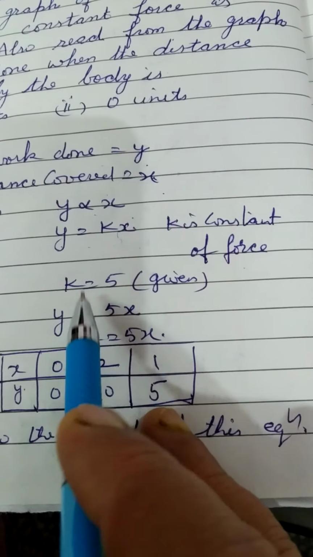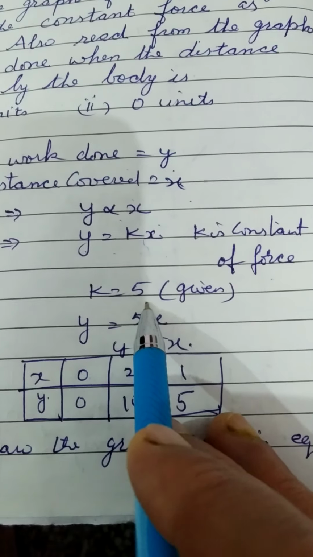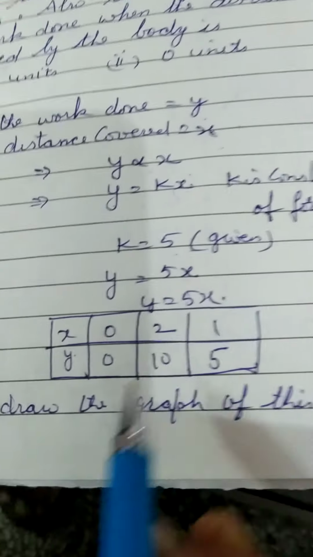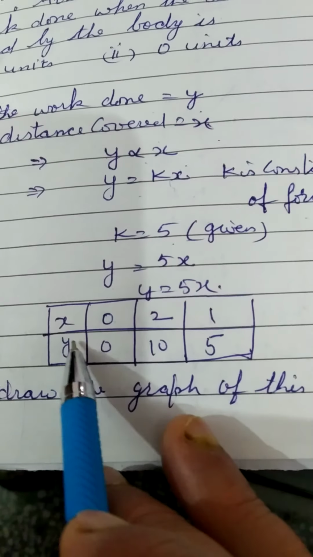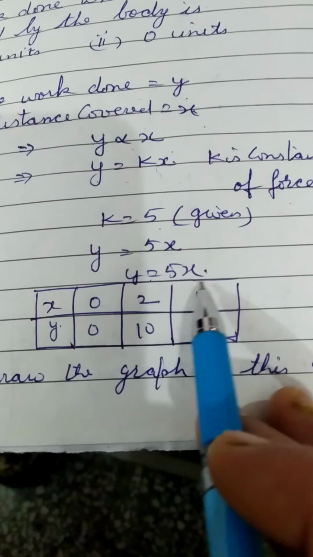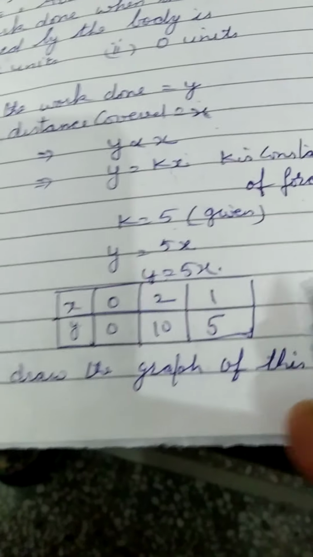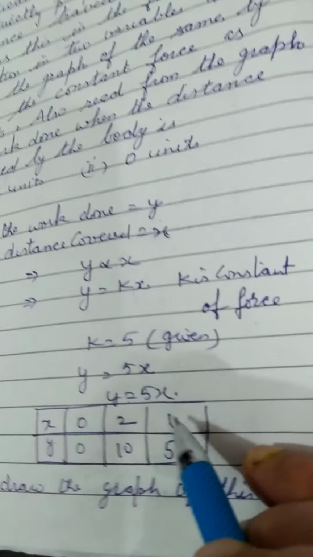Then k is equal to 5. It is given. The value of k is 5. Then y is equal to 5x. Now we will find the solutions for the equation y is equal to 5x. These are (0, 0), (2, 10), (1, 5). Now we will draw the graph of this equation. You are to draw the graph of this equation yourself.